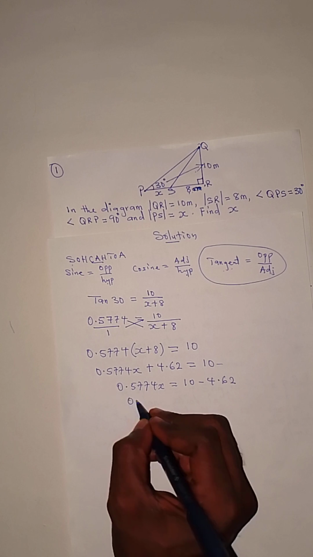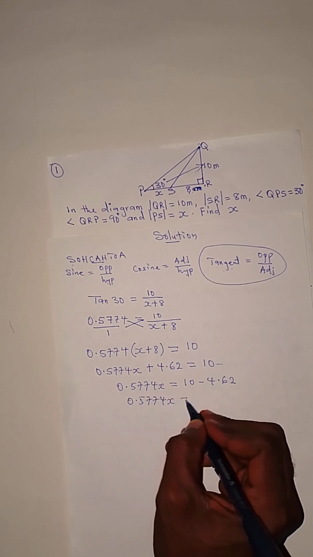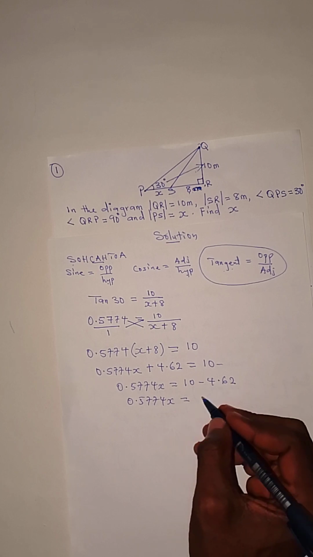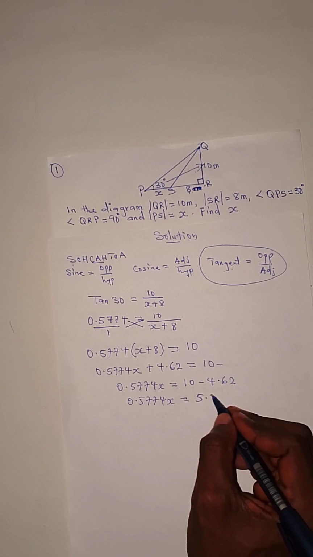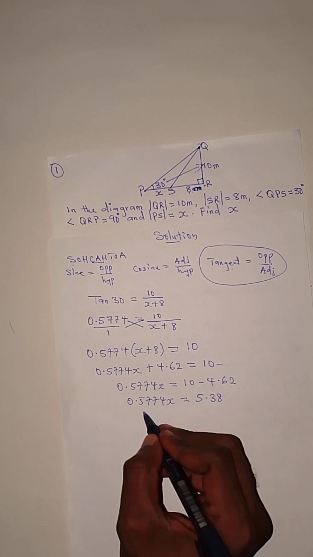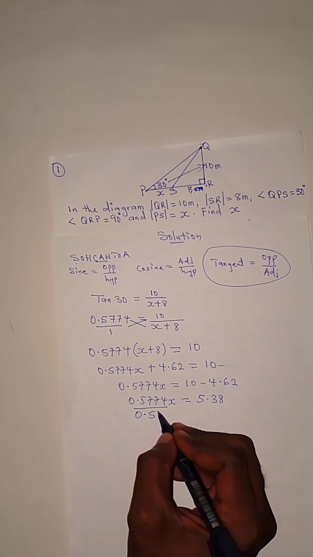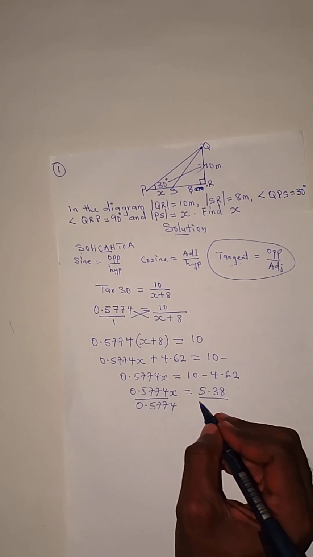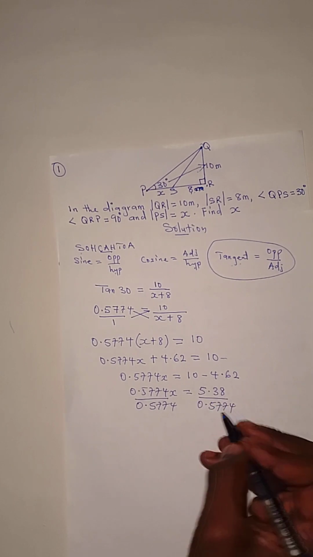Now, 0.5774x is equal to 10 minus 4.62. That will give us 5.38. So at this point, we divide both sides by 0.5774.